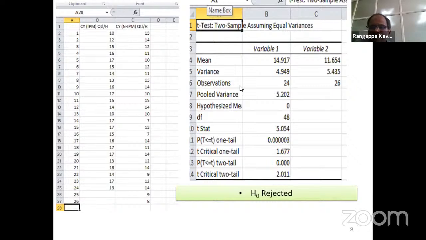It means the conclusion you are drawing is that the farmers who have adopted the IPM technology are significantly getting higher crop yield compared to non-adopters. You are 95% sure of your result. So for this, we are using this hypothesis testing procedure.